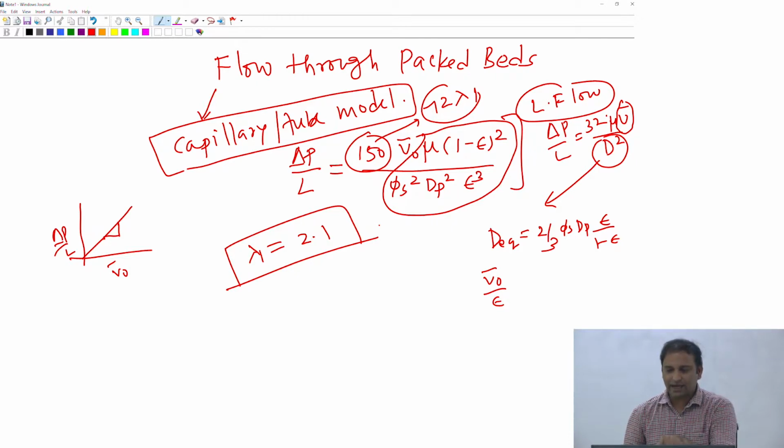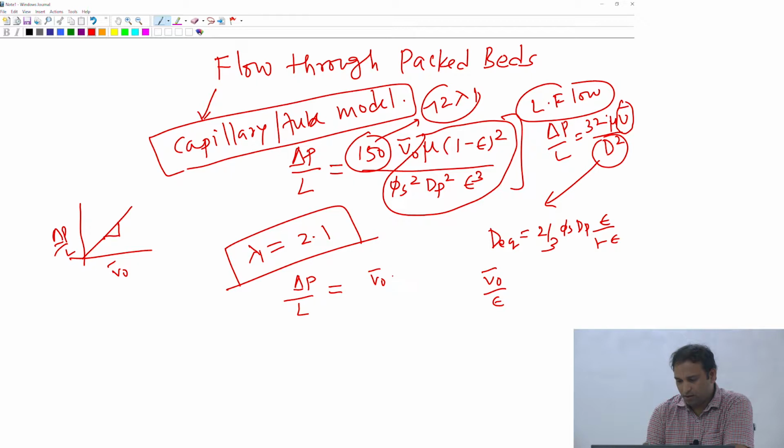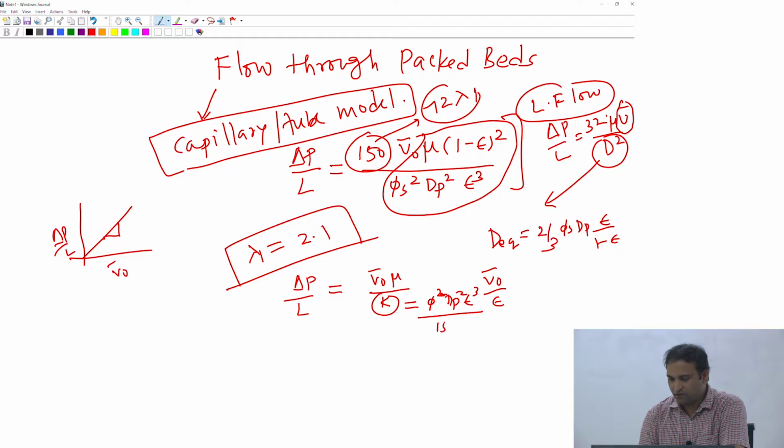Now what you can do is recast this equation into something like this: delta P by L is equal to V naught bar and mu at the top, and at the bottom you can write K, and K essentially, if you look this up, would be phi s square into dp square into epsilon cube divided by 150 into 1 minus epsilon whole square, right?